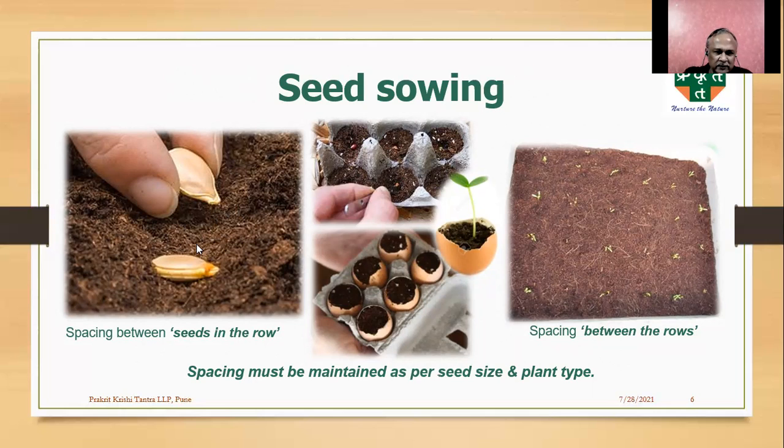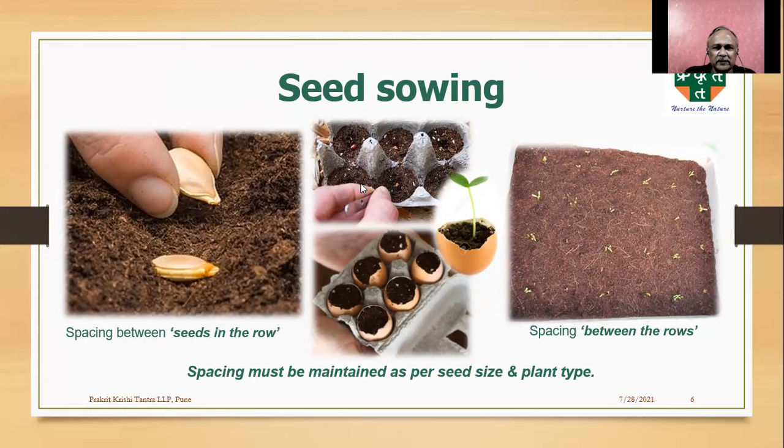If this is on the downward side, then the root will grow downwards, but the shoot will have to take a turn and come up. So it will take more time and germination will be delayed. Ultimately, the plant will also be weak and everything will be delayed. So we have to place the seed properly, horizontally, so that the opening, the hole through which it comes out, is parallel to the soil, and the root will go down and the shoot will go up.